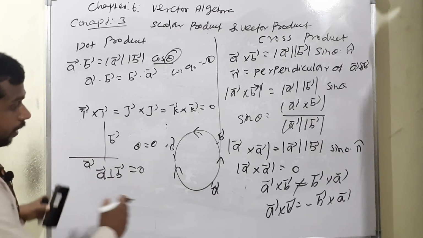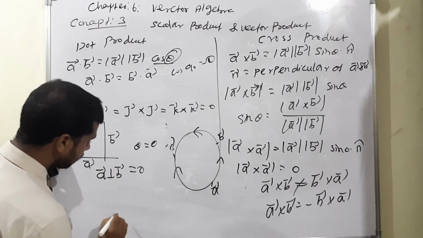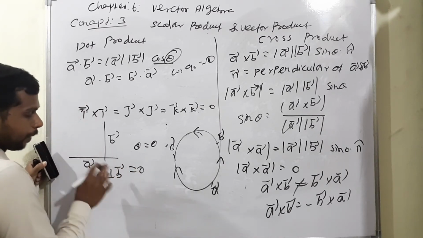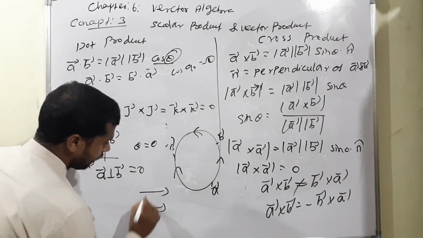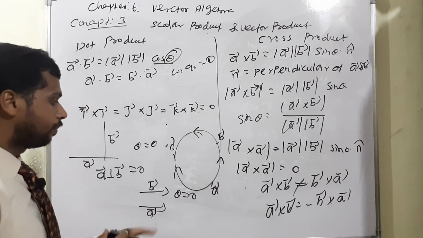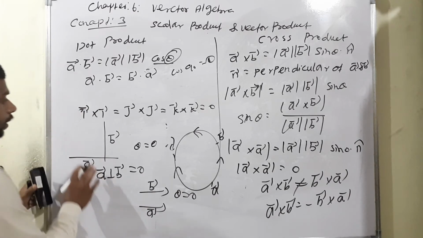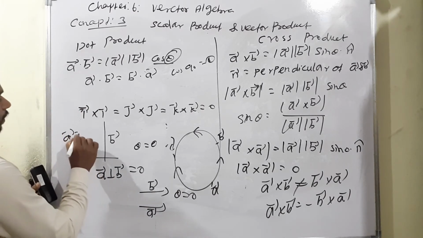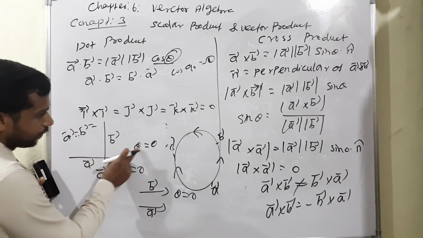As well as for the cross product, what will happen? Dot product means perpendicular, cross product means parallel. So if a vector is parallel to b vector, theta is considered as 0, so definitely sin 0. Sin 0 means what will the answer be? Here in the dot product, a vector dot b vector is equal to cos theta, so instead of theta we can apply 0.